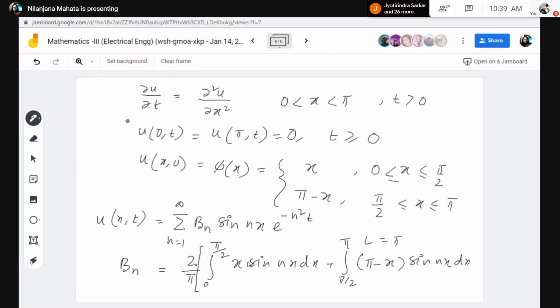Now you have to integrate using by parts, and then you will get your bn.